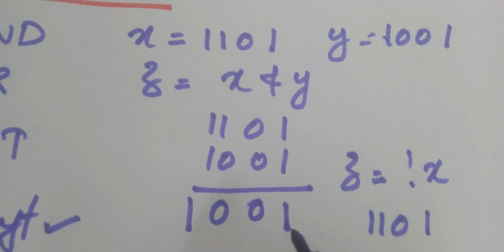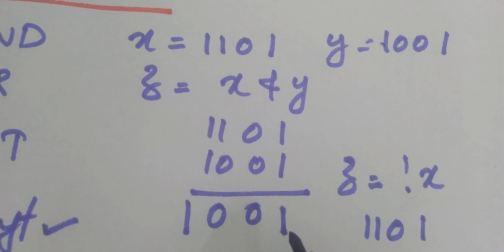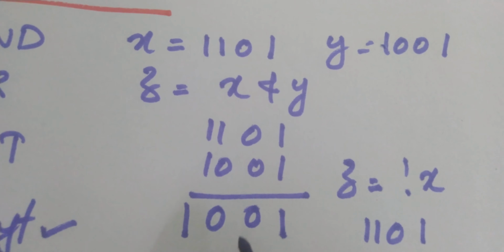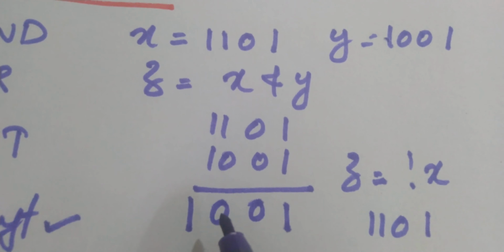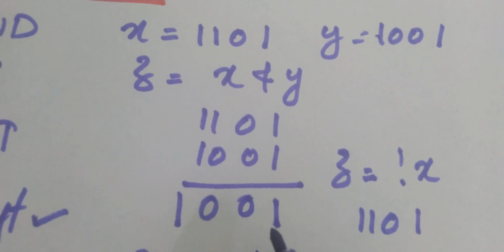If any one of the values is 0, the result will be 0. So the final answer will be 1001.